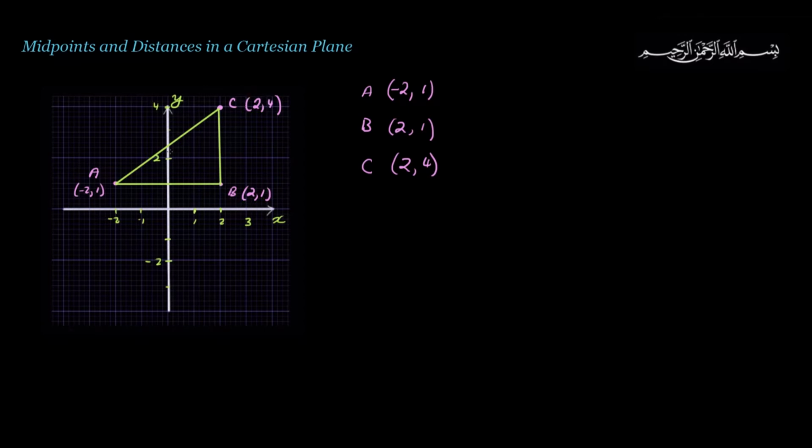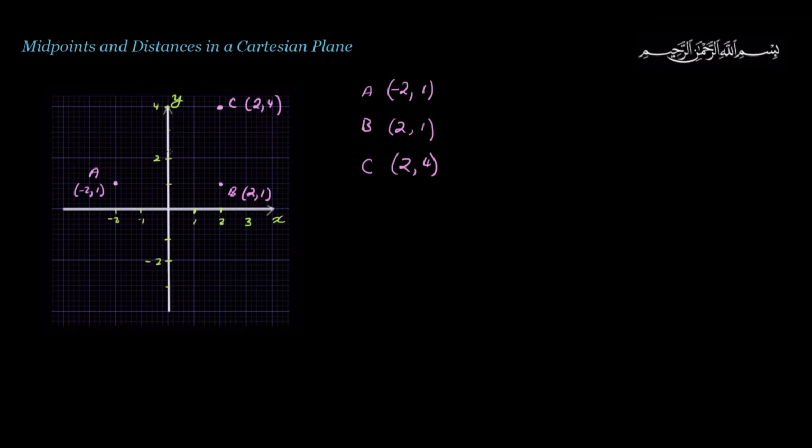But if we were told that these 3 points represent the endpoints or vertices of a triangle, then we could connect them and there would be our triangle, right? So anyway, in this case, we're not told that this is a triangle, so we just leave it at that. So this is how you would graph ordered points in a Cartesian plane.